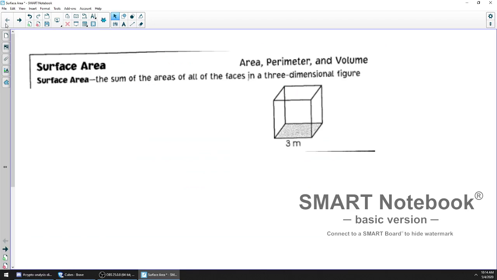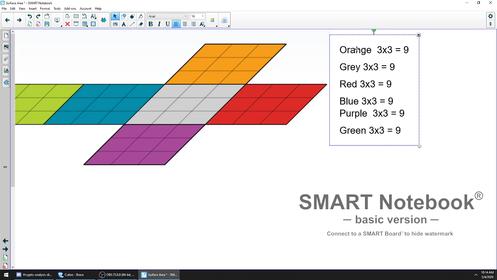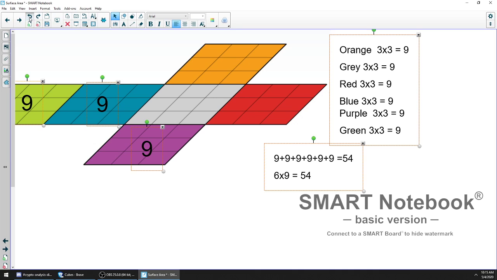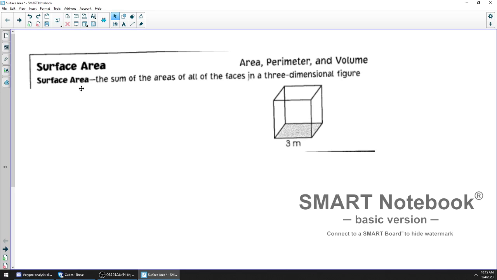So, when we look at this, I could say that if I separate each one to a color and find the area of each one, what do I get? All of these are 9. Correct? And if we look back, it says surface area is the sum of the areas.